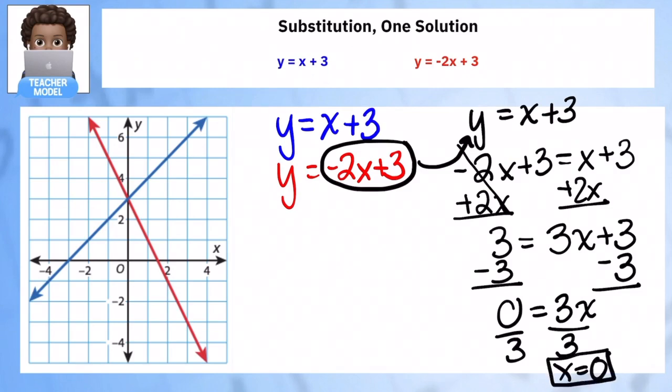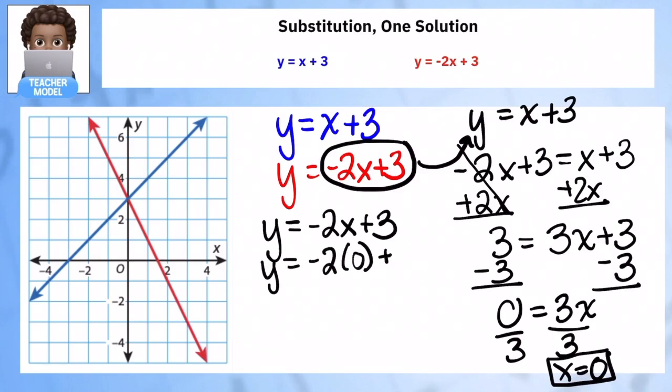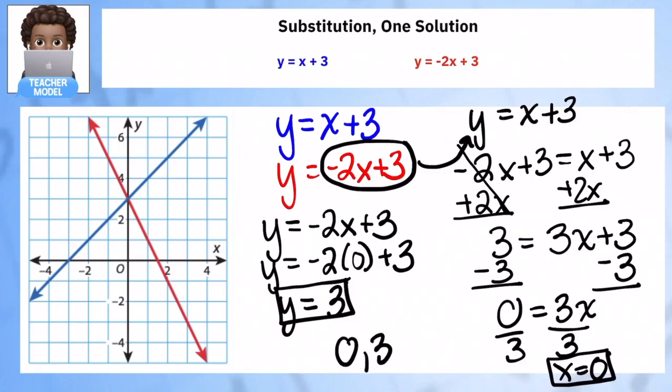Now that I have my x, I can use that information to sub in for y. So I'm going to go into my next equation, y equals negative 2x plus 3, and substitute x equals 0. So y is equal to 3. And there's my solution, 0, 3.